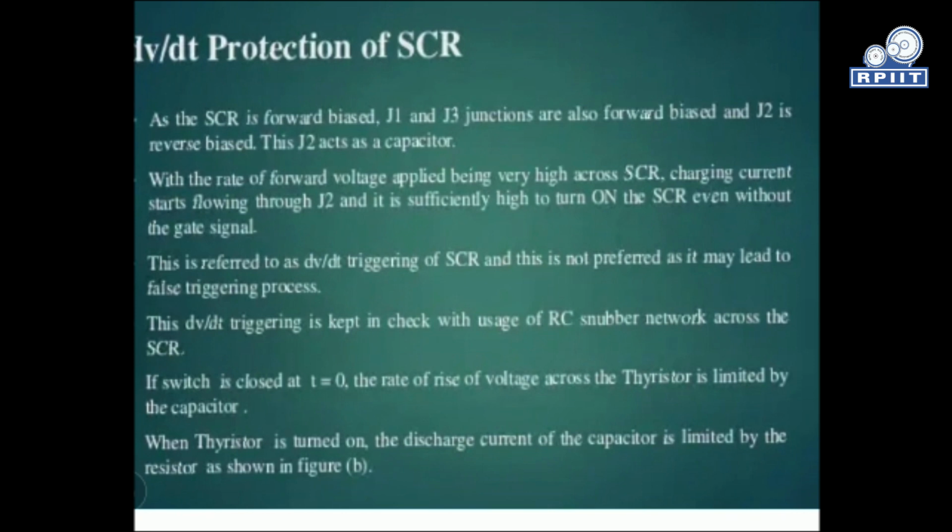Similarly, dv over dt protection of the SCR involves the change in voltage during the thyristor turn-on process. The SCR is forward biased when J1 and J3 are forward biased and J2 is reverse biased. In that case, J2 will behave like a capacitor. If we apply this voltage and increase it with respect to time, a charging current starts to flow through J2, which is sufficiently high to turn on the thyristor without any gate trigger signal.